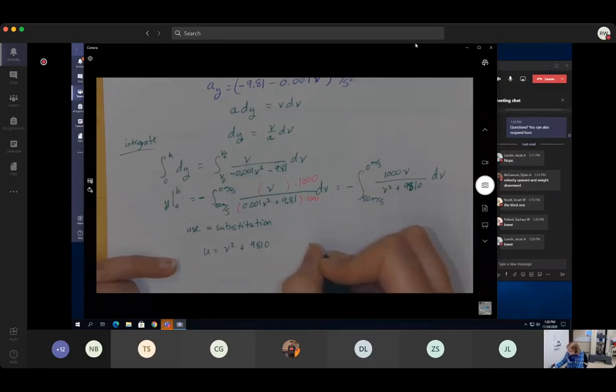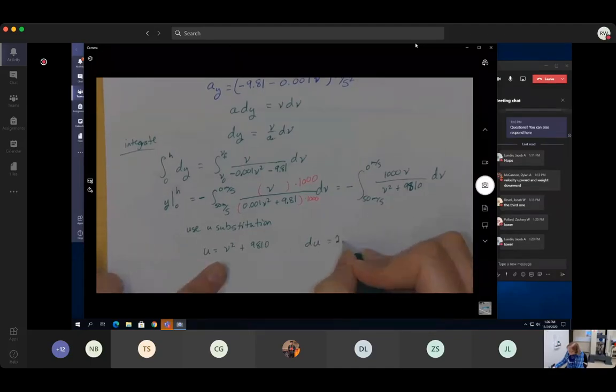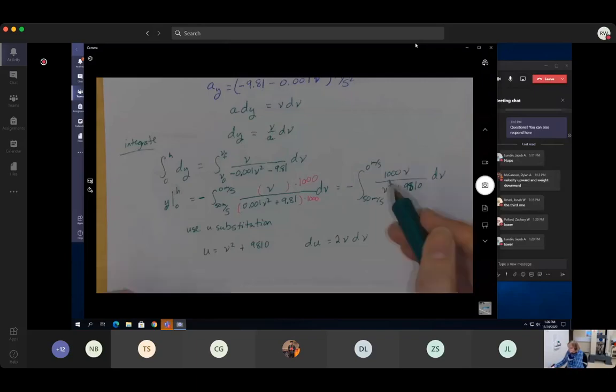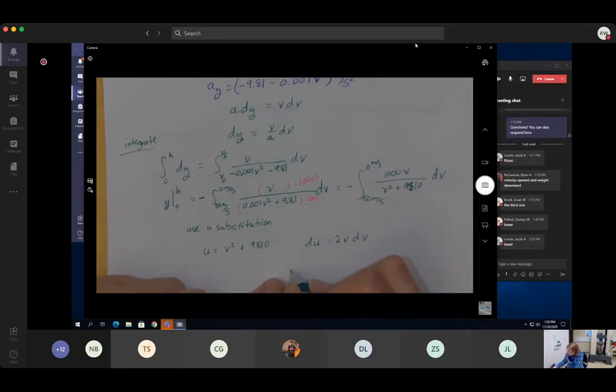So if we take a derivative of that, so du, we get 2 times our velocity times the derivative of velocity. And so that's going to simplify our integral.